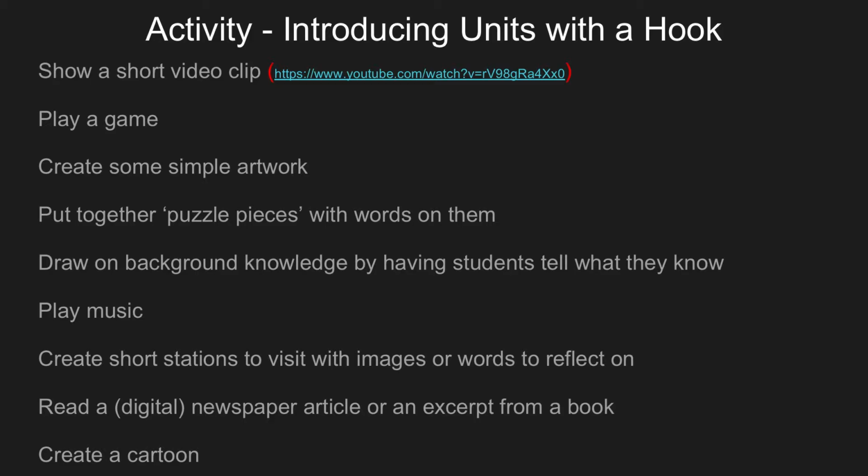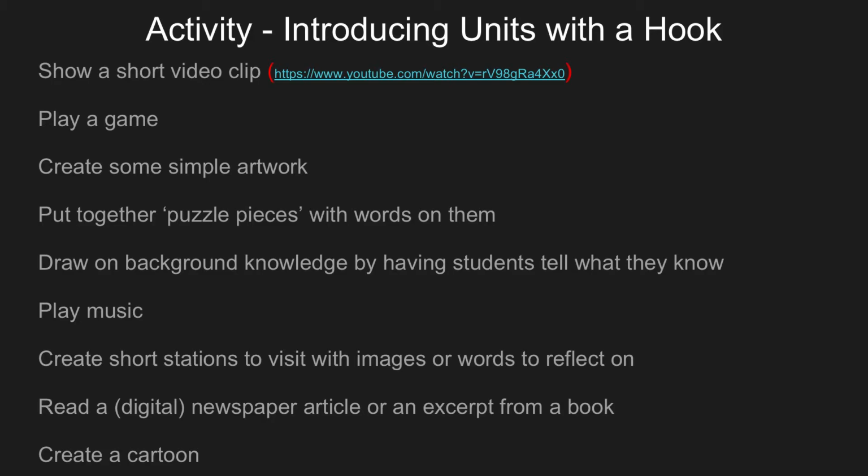We've seen some great examples where they have done this with, for example, hurricanes or ocean waves to talk about maybe erosion. Have students go through short stations with images and words to reflect on. We've seen activities where people have had pictures of different animals and prompts that they ask at each station, and maybe students respond with sticky notes so they read other ideas as they're going on.